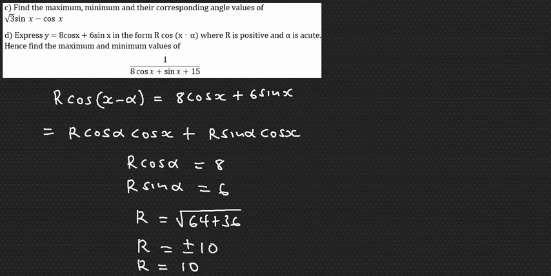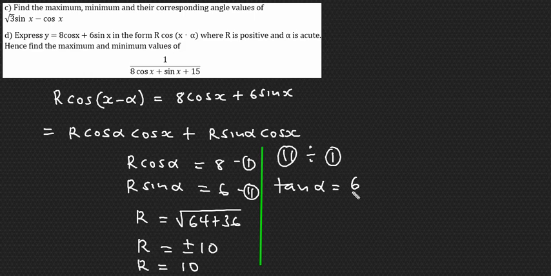Now if we need to get the angle, we shall divide equation 2 by equation 1, we shall be having tan alpha equal to 6 over 8. So alpha will be equal to the tan inverse of 3 over 4.